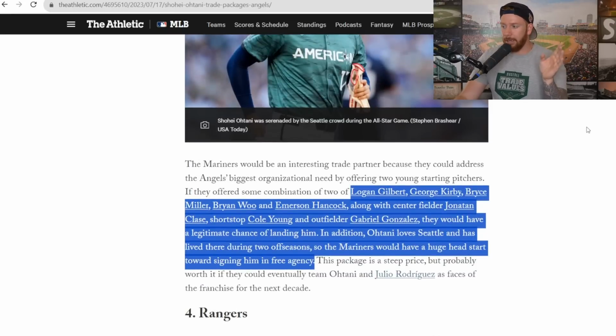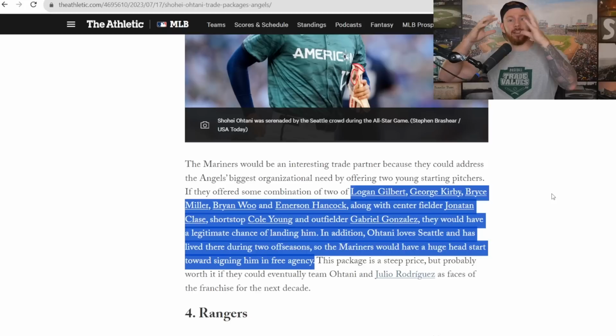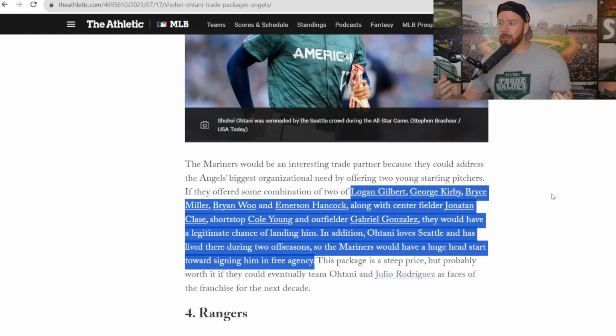But, oh man, you really lose me here, Jim, mentioning Gilbert and Kirby. To be fair, you do say a combination of two of Gilbert, Kirby, Bryce Miller, Brian Wu, and Emerson Hancock. But the fact that Gilbert and Kirby are even being mentioned here blows my mind. Now, I don't think Logan Gilbert or George Kirby are better than Shohei Ohtani, but when I'm looking at the whole picture, they have more value than Ohtani.